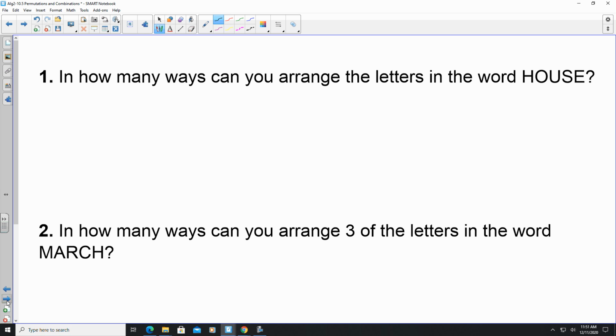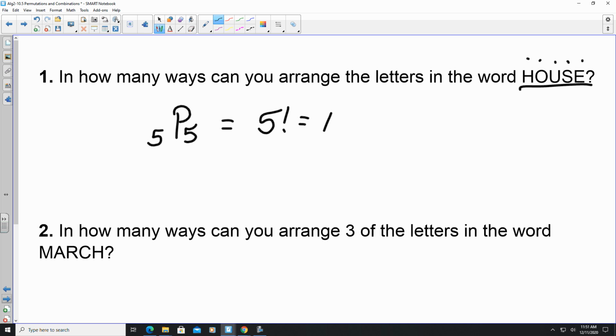For this particular question, it says, in how many ways can you arrange the letters in the word house? The first thing you have to figure out is how many letters there are. There's 1, 2, 3, 4, 5. There are 5 letters in the word house. Since they didn't specify a number of arrangements, I'm assuming we're looking at a permutation where we have 5 objects and we're arranging them 5 at a time. Since n and r are the same number in this case, it is just 5 factorial.